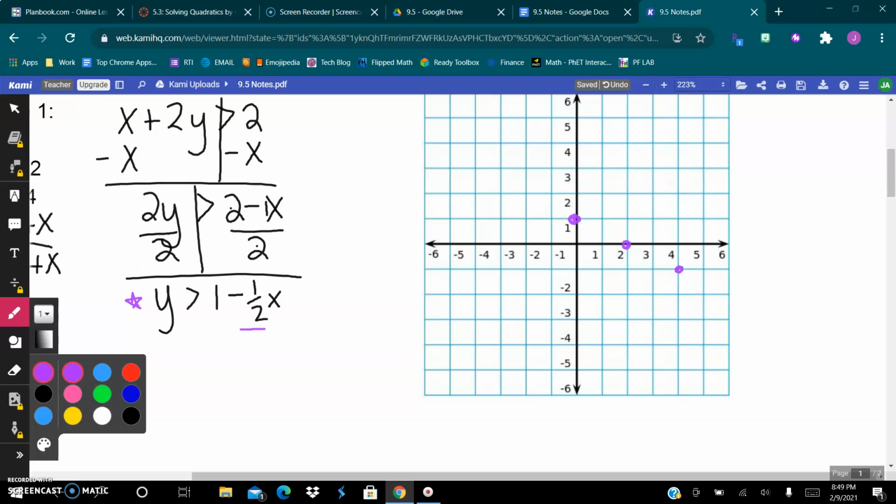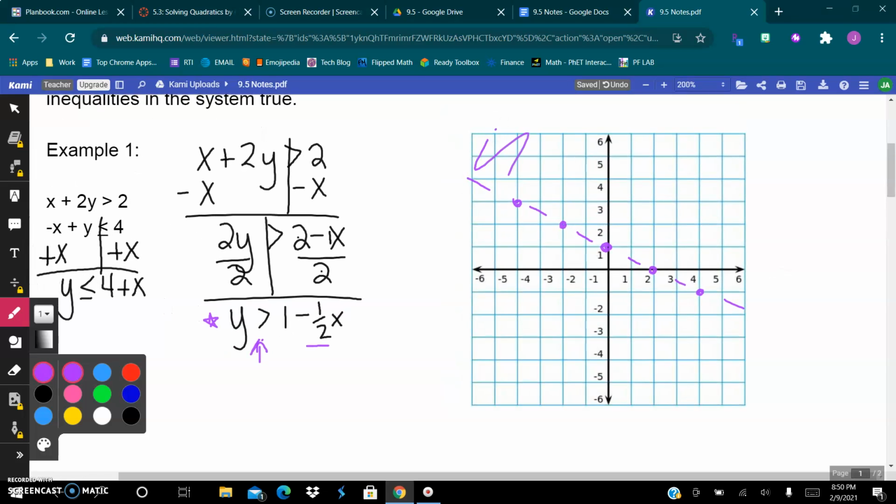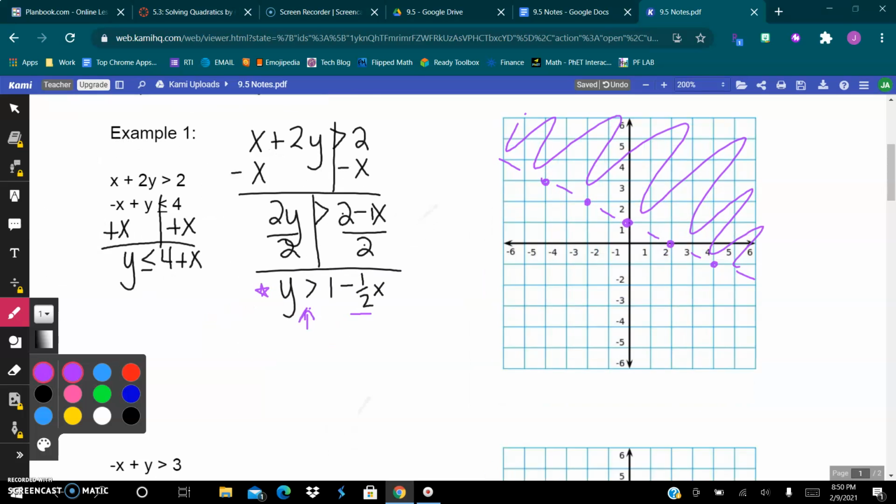In the other direction, I'm going to go up 1 and back 2 a couple of times. The inequality symbol here is not underlined, so this is a dashed line. It's not including any point on that line. And y is greater, so we're going to shade above the purple line.